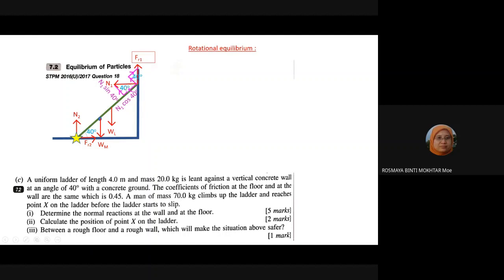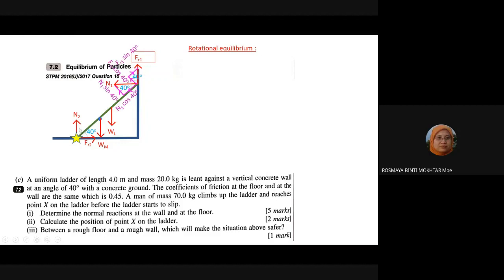So this is 40 degrees. Vertical means 50 degrees here. 50 plus 40 is 90, so that means here is 40. So the components of FR1 will be FR1 cos 40 degrees vertically and FR1 sine 40 degrees horizontally. Okay, done for FR1.